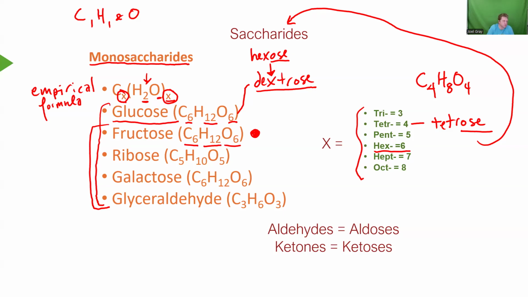Galactose is also a hexose with a formula of C6H12O6. So we have these molecules, there's three of them right here, that have the exact same formula. Now we'll look at how they differ from one another, but these are examples of isomers.